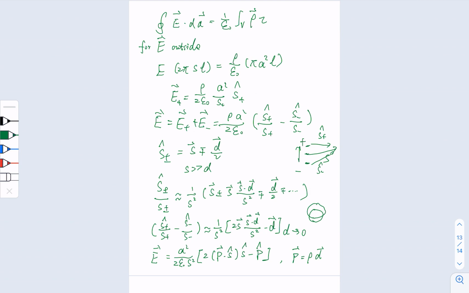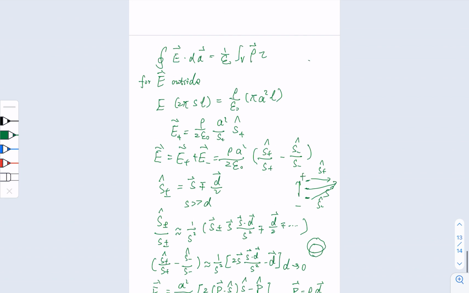But the combined effect will be, if I draw this here, a constant field inside, and outside is something like this. This is actually a very special thing.